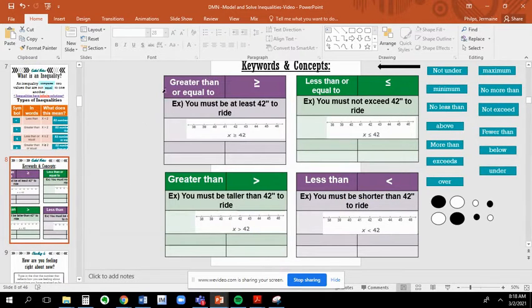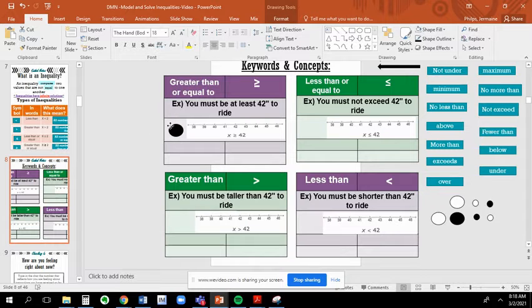All right, so let's take a second now to build on this. When it comes to this idea of greater than or equal to, these are some of your key words, things you're going to look for. Also how they'll work on our model, because we're going to model on our number line. First things first, whenever it's a greater than or equal to, your circle is always going to be what's called shaded or closed. That signifies that the number is included.